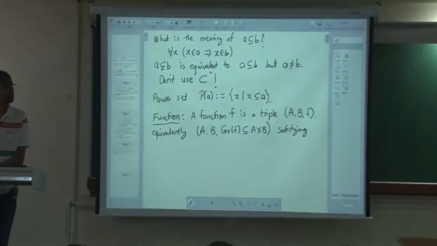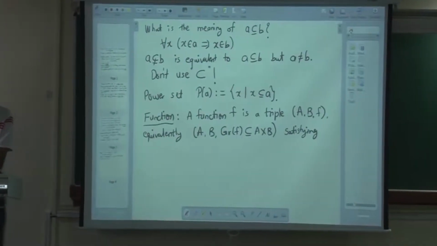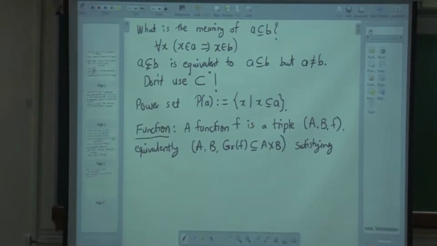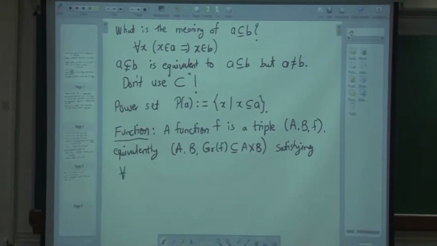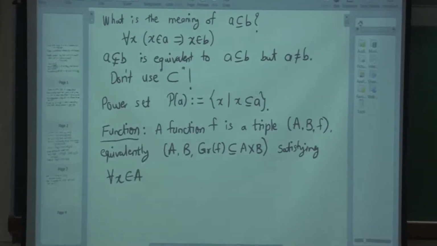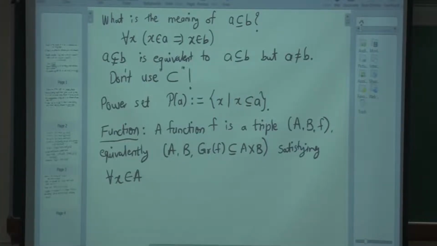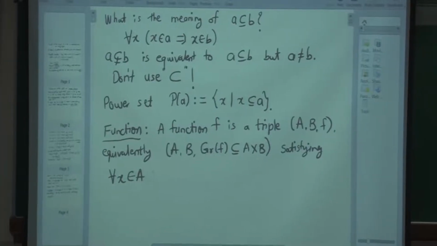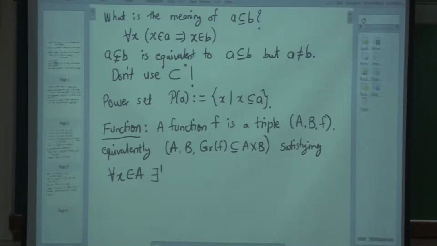Okay, so this is what we need, which satisfies, what property should it satisfy? For all x in A, there exists a unique y in B such that x comma y belongs to the graph of f.